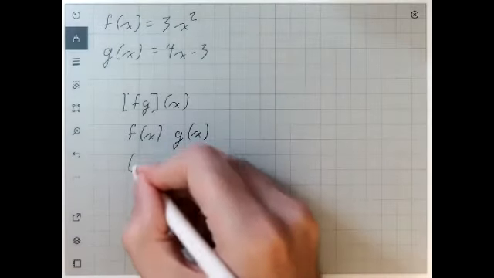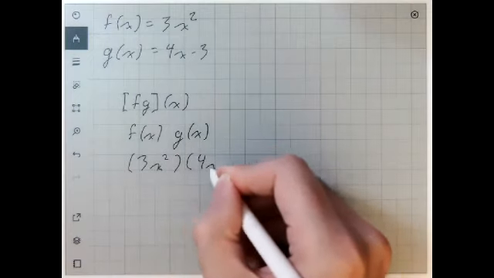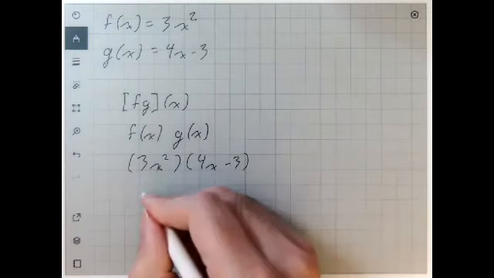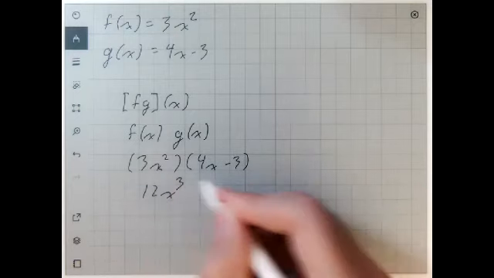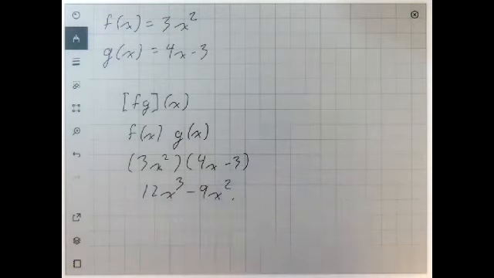And by substitution, that's 3x squared times 4x minus 3, which is 12x cubed minus 9x squared. Right? There we have it, expressions for f plus g, f minus g, and f times g.